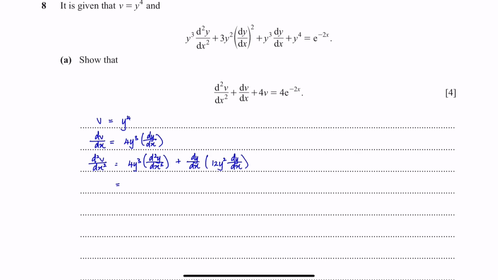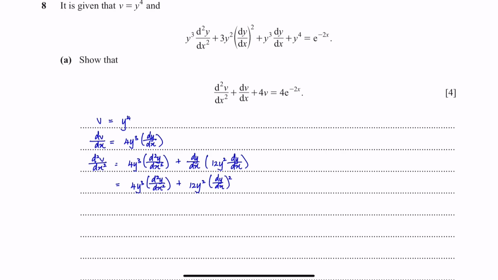So now this is equal to 4y cubed d2y/dx squared plus 12y squared (dy/dx) squared.